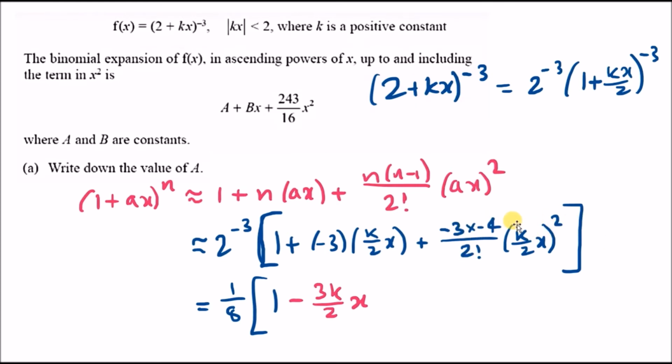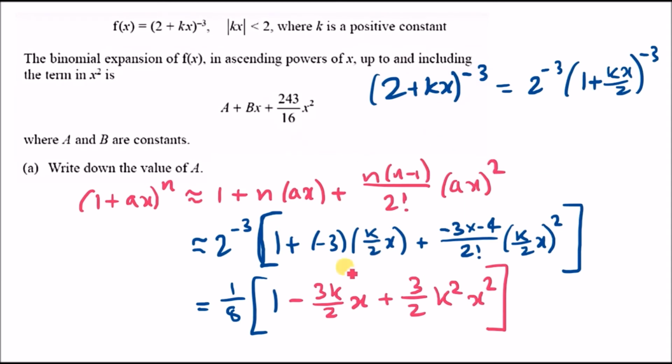And then 6 times half squared. You can put this in a calculator, 6 times 1 over 2 squared, and we're going to get 3 over 2. So it'll be plus 3 over 2 k squared x squared. Never forget the square on the k as well. That's it. Close bracket. And voila.